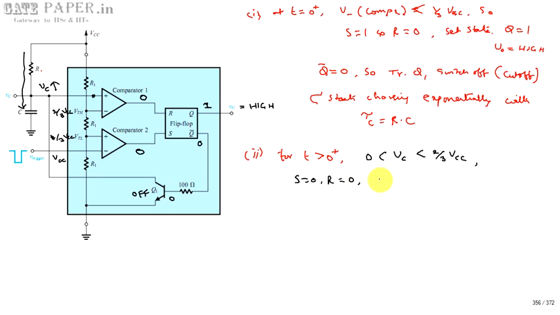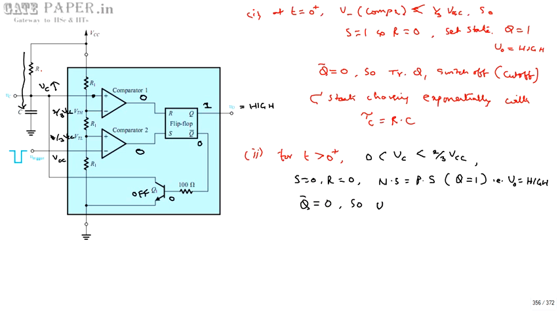That is, the next state is nothing but the same as the present state for the RS flip-flop. The present state is Q equal to 1, that is V0 is equal to high. So this state of Q equal to 1 continues. Since Q equal to 1 continues as before, that makes Q bar equal to 0.